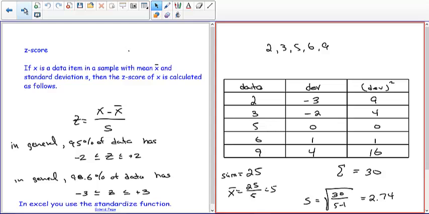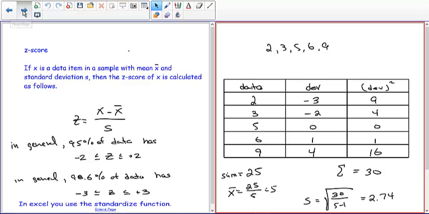A z-score of -2 corresponds to the mean minus 2 standard deviations, and a z-score of +2 is the mean plus 2 standard deviations. So it gives you a good idea of the relative position of a data point with respect to the mean and how far away from the mean it is.